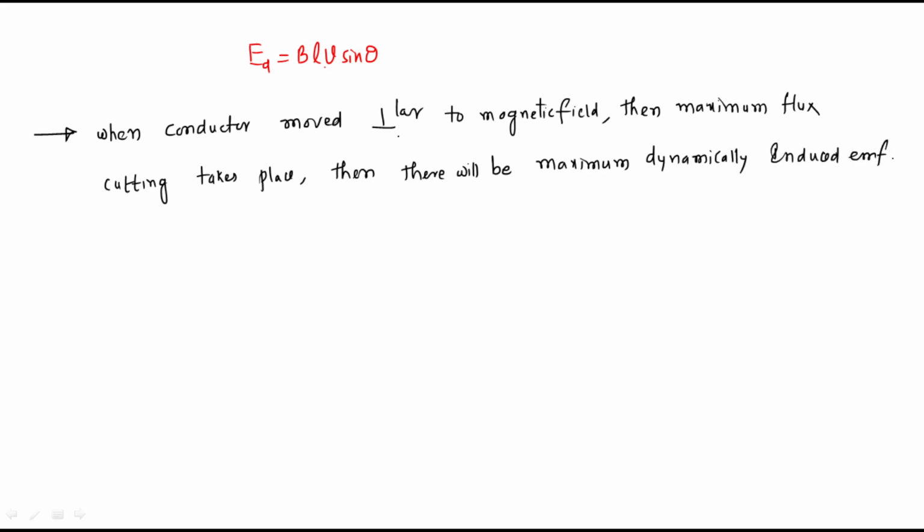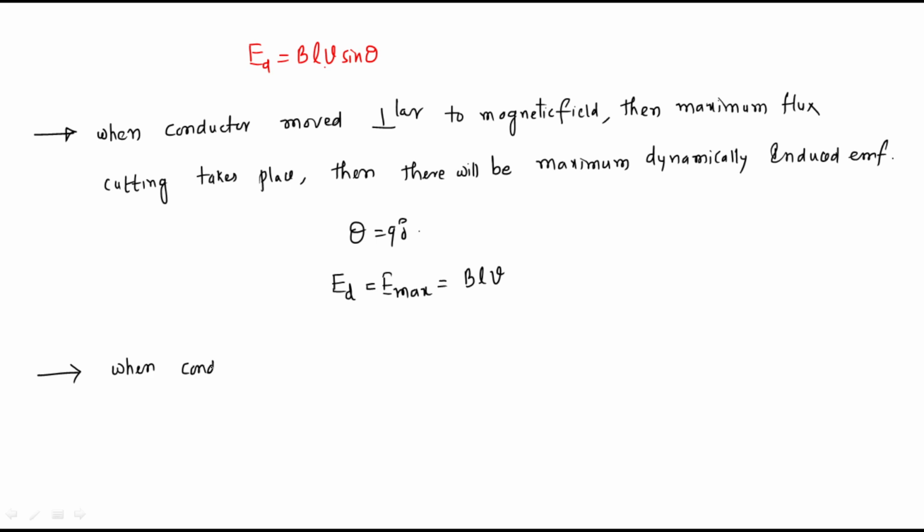When the conductor is perpendicular to the magnetic field, theta is equal to 90 degrees. So ED, with sin 90, is nothing but E max, which is equal to BLV, right?